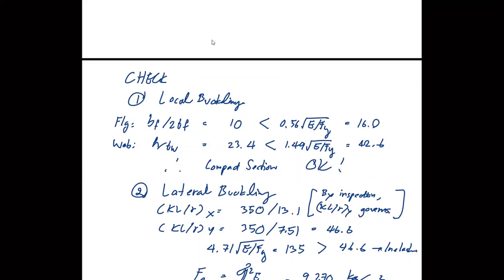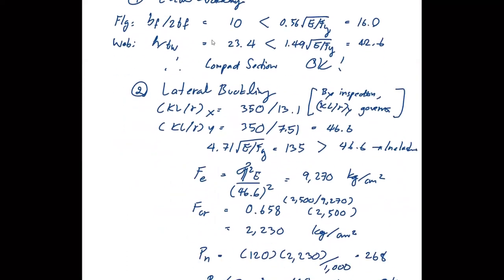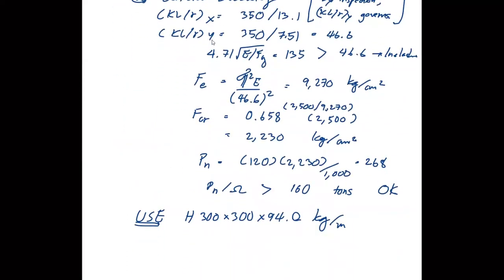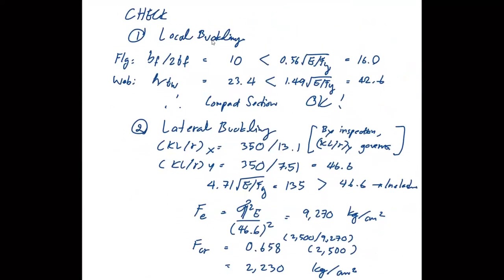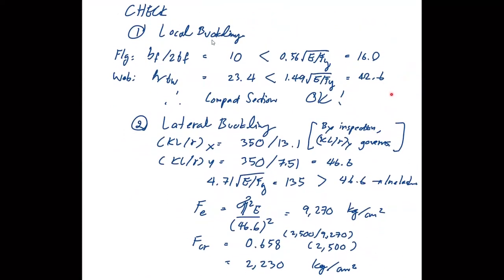So this process must always be carried out just to make sure that your design is okay. The fact that we can get the final load equal to the number from the table is because we also don't have the local buckling issue here in the calculation.